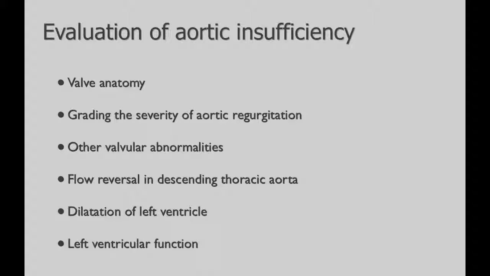Also, because aortic insufficiency is classic volume overload, the left ventricle tends to become dilated in long-standing aortic insufficiency. As the left ventricle becomes dilated, left ventricular function may also become impaired. So assessment of left ventricular function plays into the assessment of aortic insufficiency.